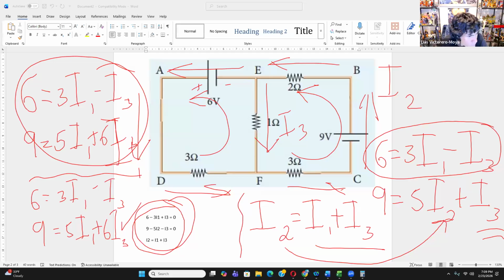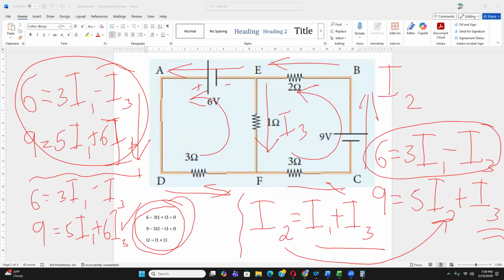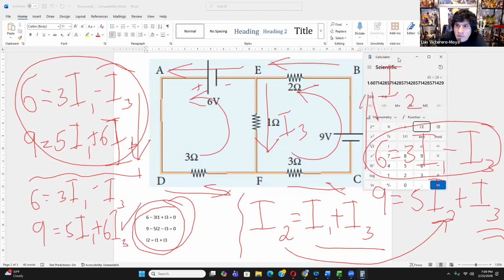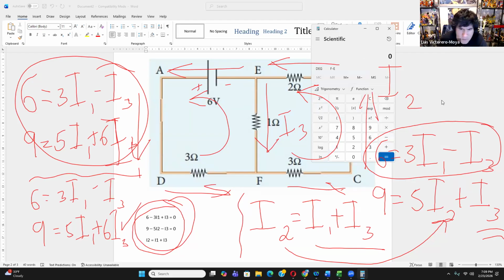I get 1.95. Am I tweaking? 45 divided by 23? Yeah, 1.95. Oh, yeah, my bad, it was 23 here. So 45 divided by 23, yeah, 1.96.